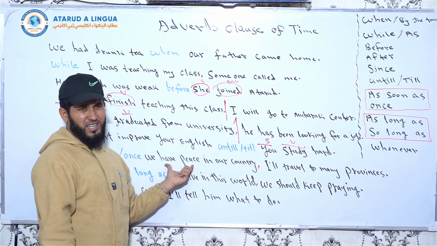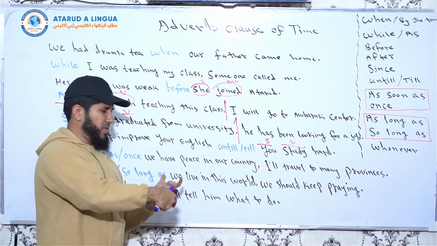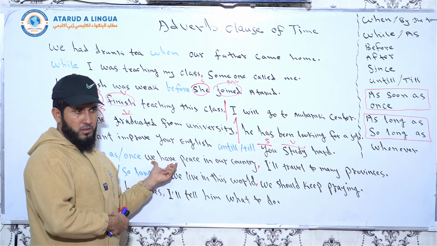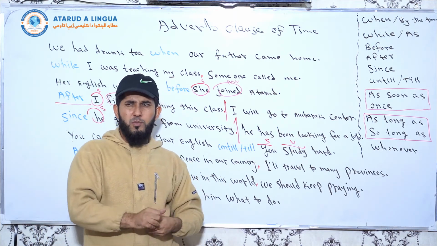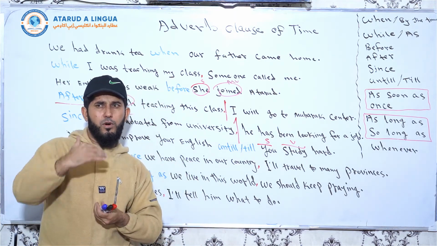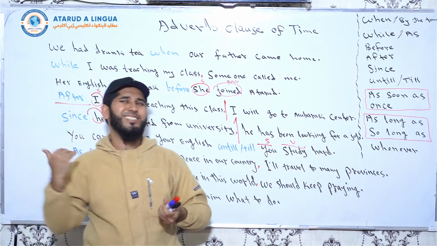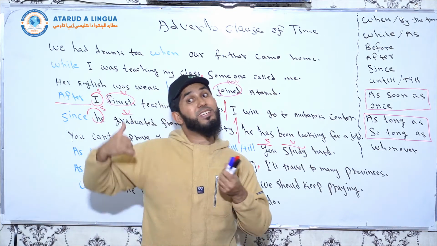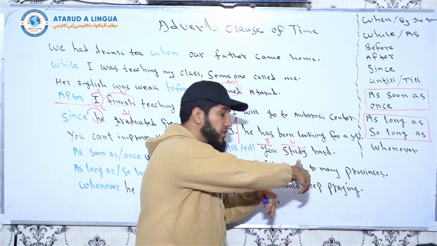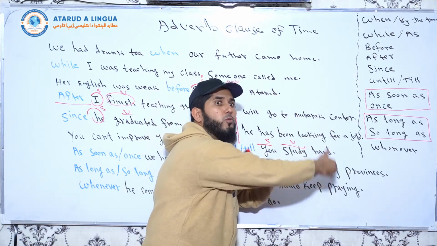Like here we have a state, we have a condition, to have peace. Not an action verb, right? So right before the previous action is over, or the previous state exists, then the action in your main clause will take place.